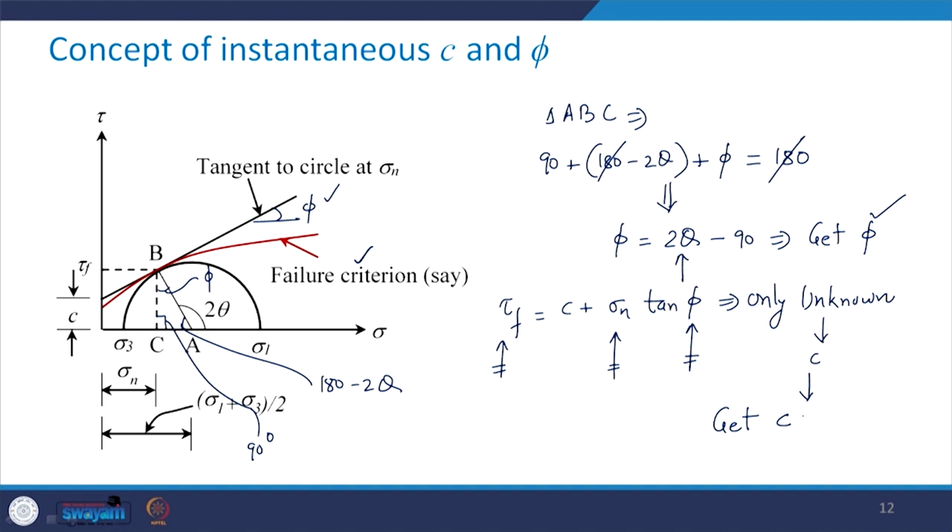Now this shear strength characteristic, which is called the instantaneous c and phi, will represent the characteristic of the rock as same as it would have been if this was following a straight line failure criterion.